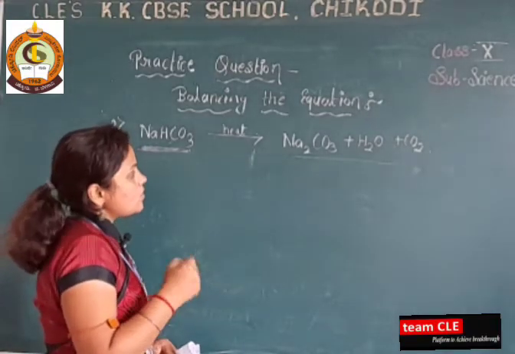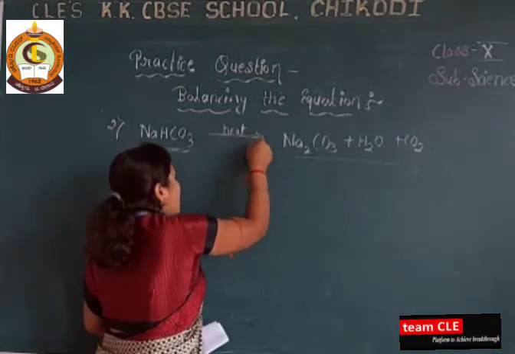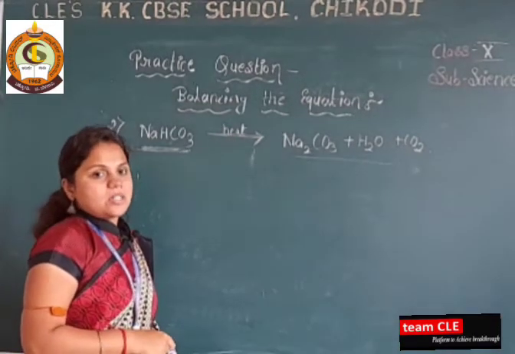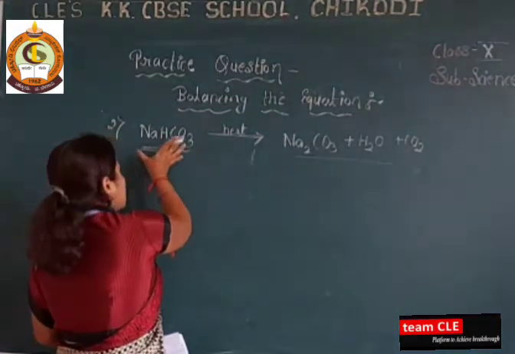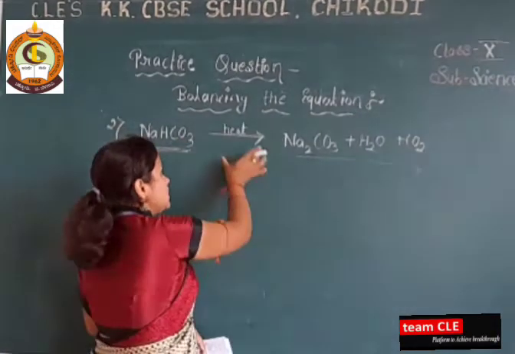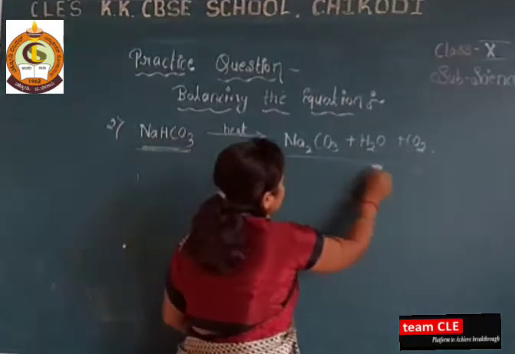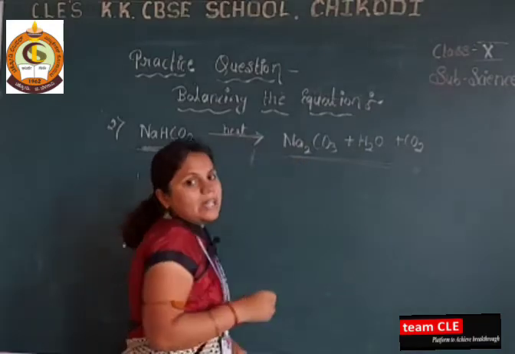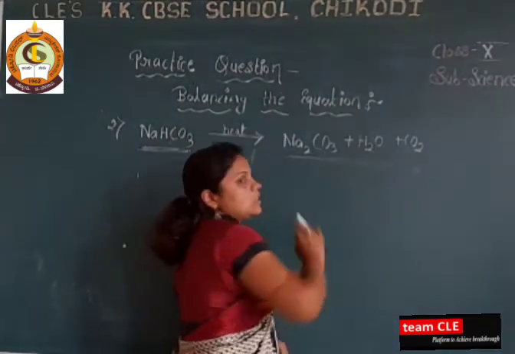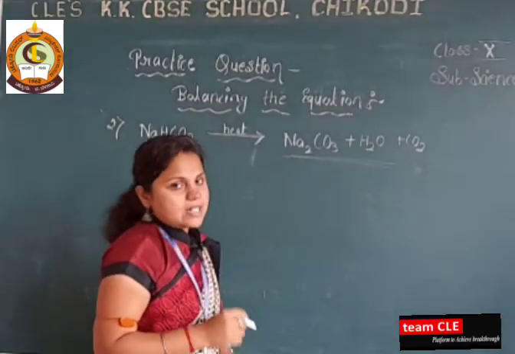So how is this formation possible? But after heating it is possible, because when sodium bicarbonate is heated at a certain temperature, you will get the formation of sodium carbonate plus water in gaseous form and carbon dioxide in gaseous form.